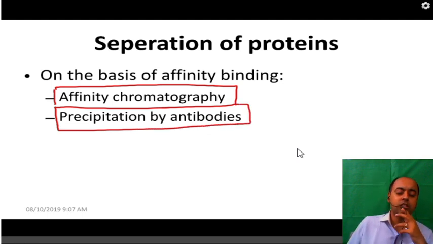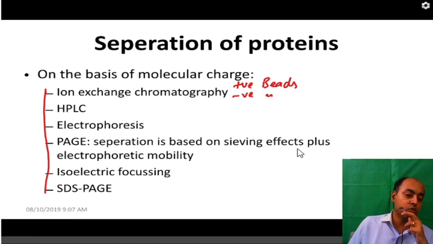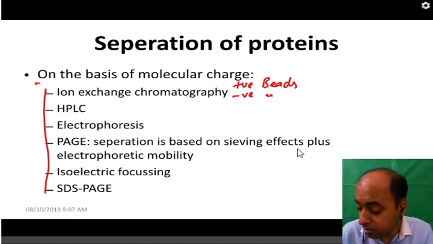Precipitation by antibodies, the principle is somewhat similar to ELISA, but there are some differences. In these two mechanisms we get the extremely pure form of protein. Please note, very frequently you'll get the question on these techniques, one or two lines that you should know, the basic fundamentals you should know.